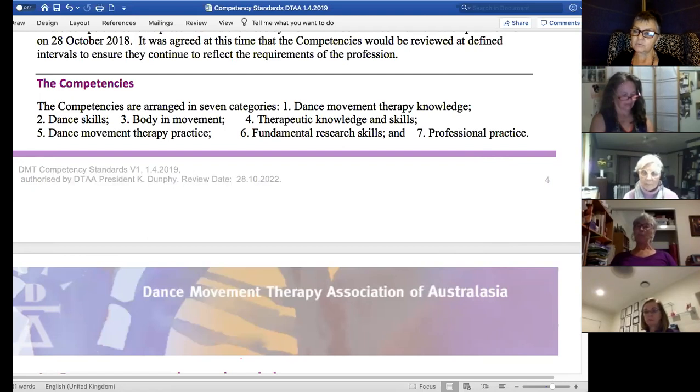But also, may I add that the practicum component is again up to the training framework or the training standards, but also it's up to the training program as to how you are going to achieve particularly numbers 4 and 5, or probably 5 in particular. How are you going to meet all of those competency standards for therapeutic practice?